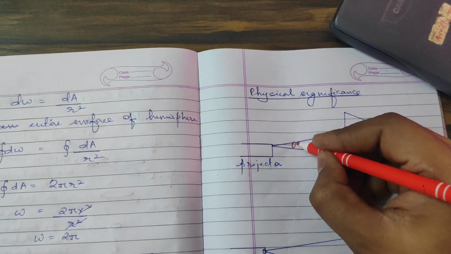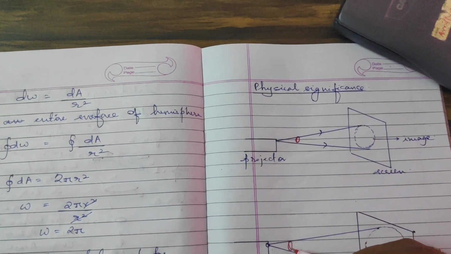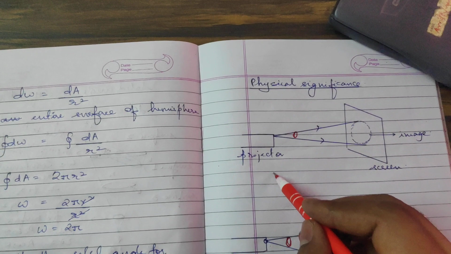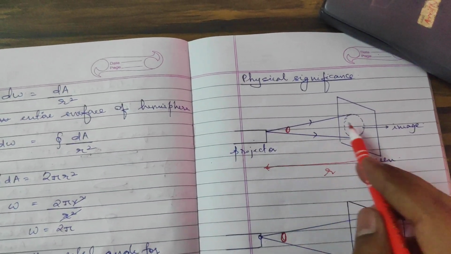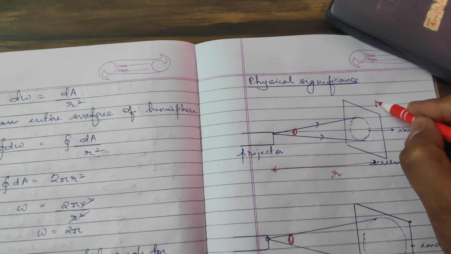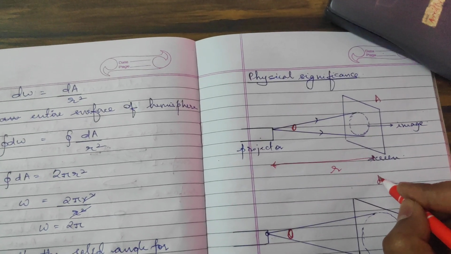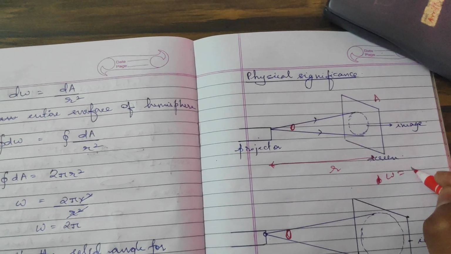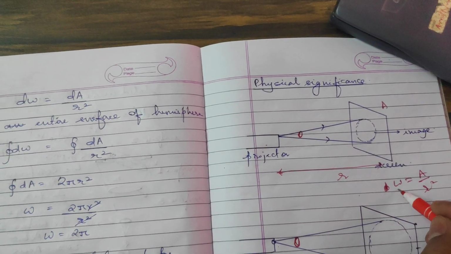See, this was the solid angle over here, and this is the solid angle here. So I calculated the distance between the opposite walls, and I calculated the area of the screen, and using that I found the value of the solid angle as A upon R square. Now the value of the solid angle is clear.